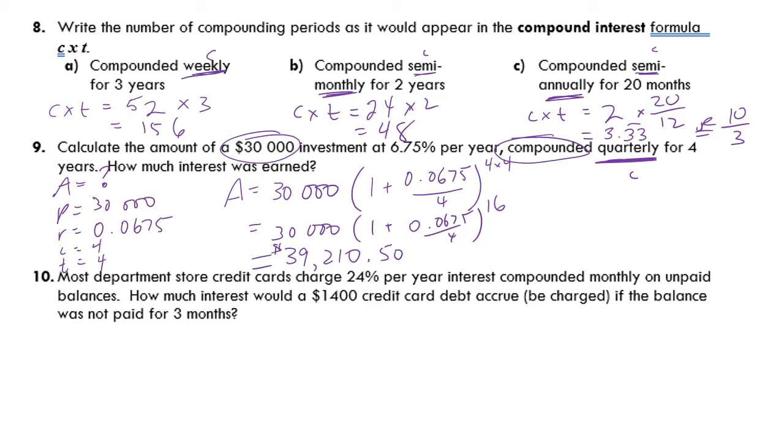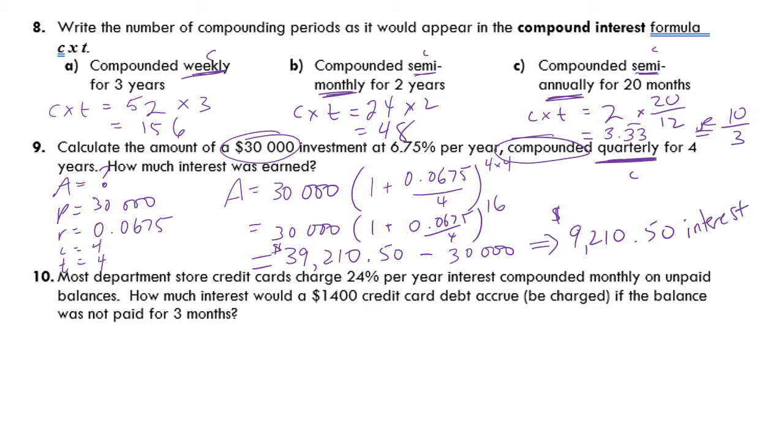Good work. Now, to calculate how much interest was earned, well, you got to subtract how much of your own money you put in. We put in $30,000 of our own money. That means we made $9,210.50 in interest. Hopefully that makes sense.